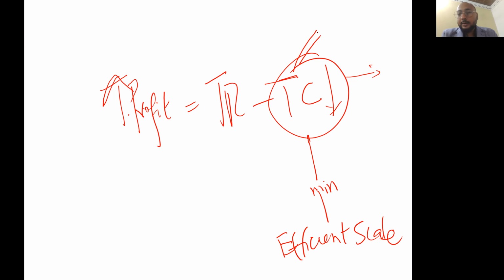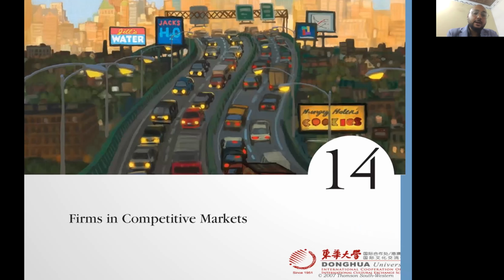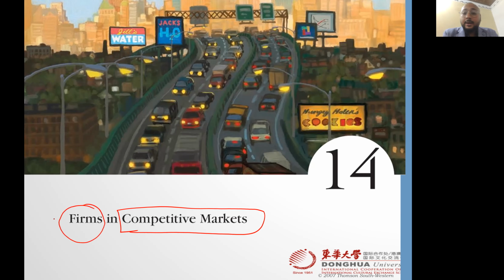All right. So today we'll talk about firms in competitive markets, and their production decision: how much they have to produce to get maximum profit.